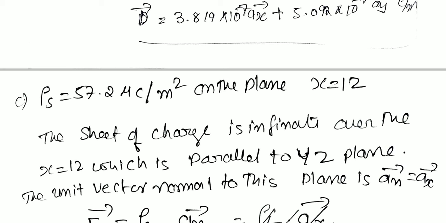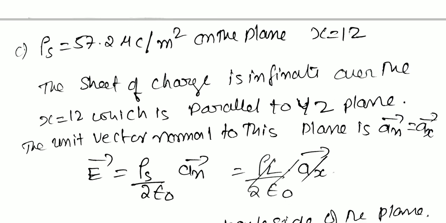If it is present parallel to the y and z axes, the field normal to the y and z axes is aX. So I have to take aX as the unit vector which is normal to the plane.